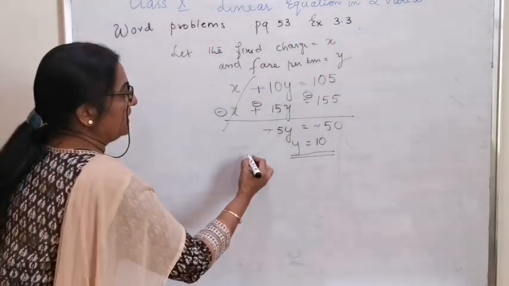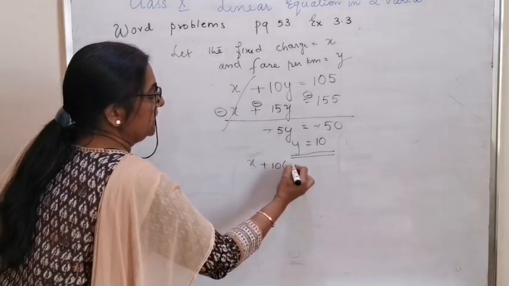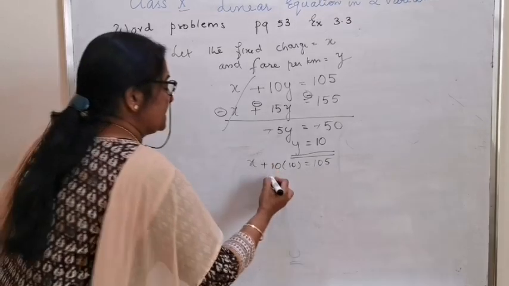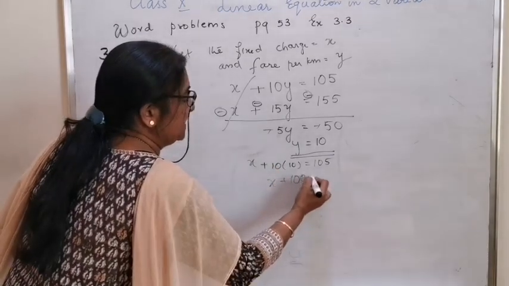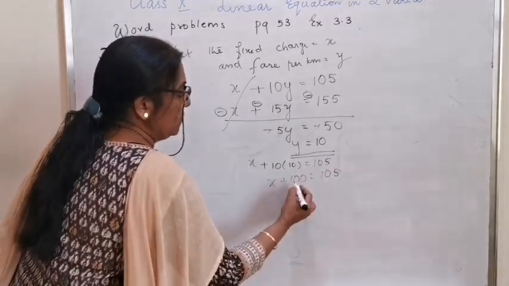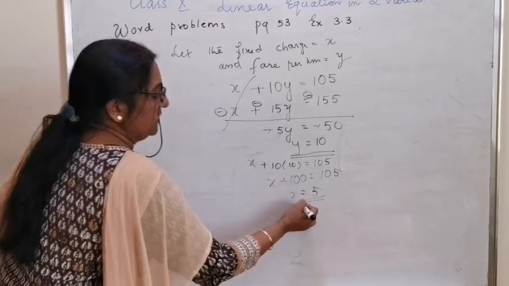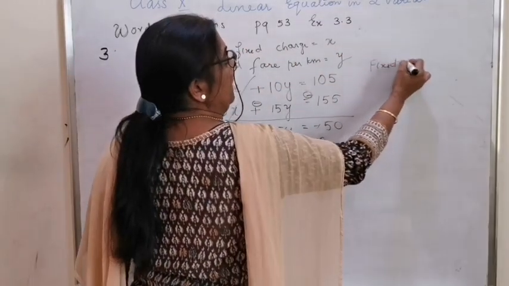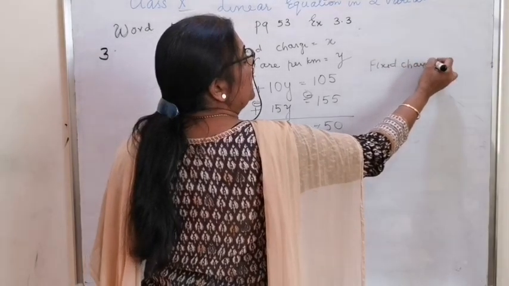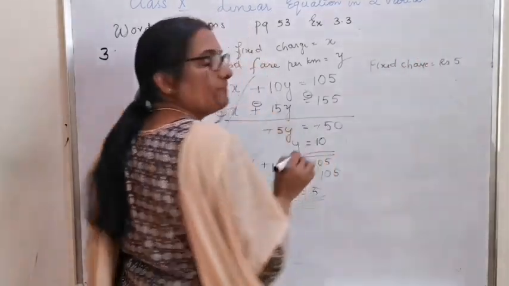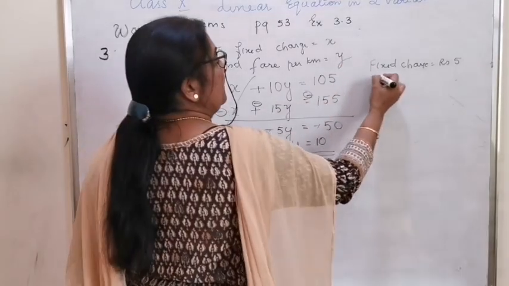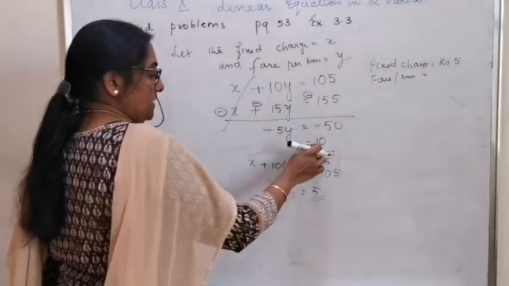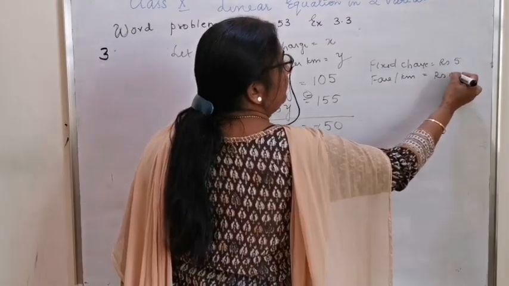Get the value of x. x plus 10 into 10 is equal to 105. x plus 100 is equal to 105, or x is equal to 5. That is, fixed charge is equal to rupees 5 and the fare per kilometer is equal to rupees 10.